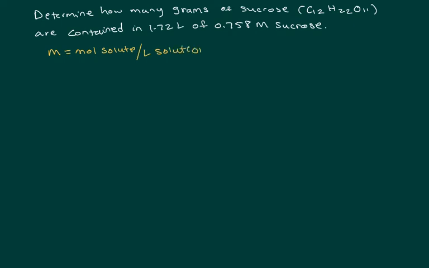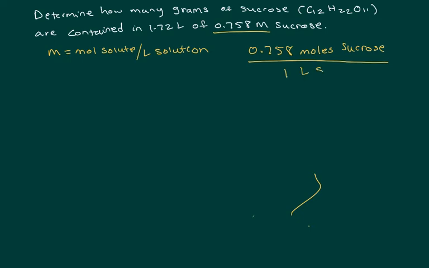So if I have a 0.758 molar solution of sucrose, that means what? I have 0.758 moles of sucrose for every 1 liter of solution. Do you see how that's a conversion factor? Let's see how we apply that.